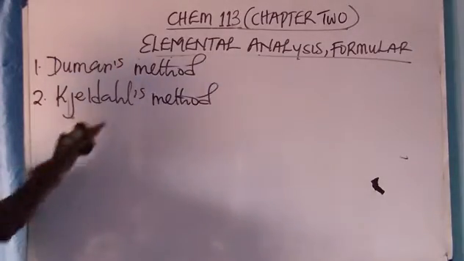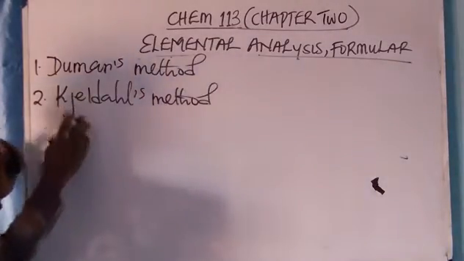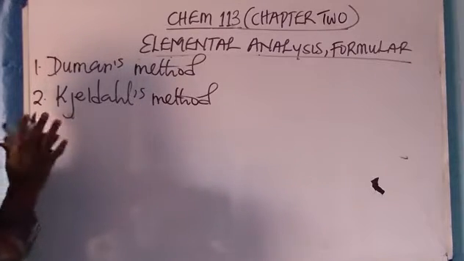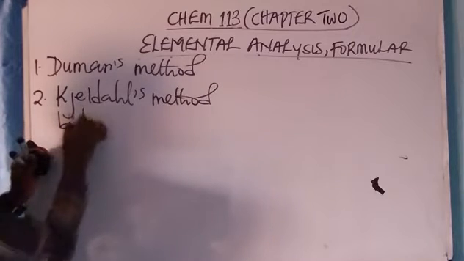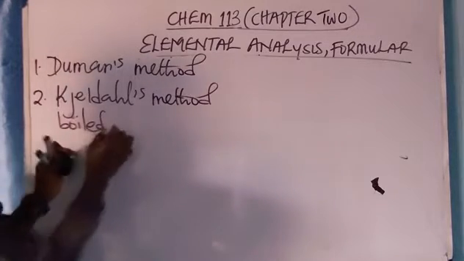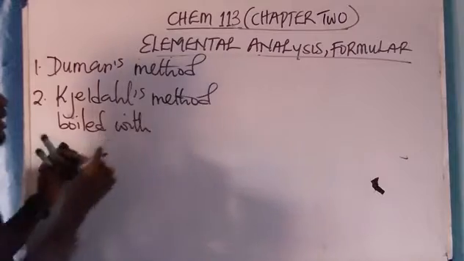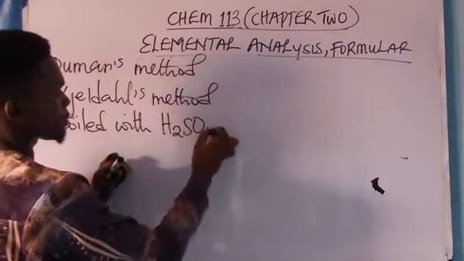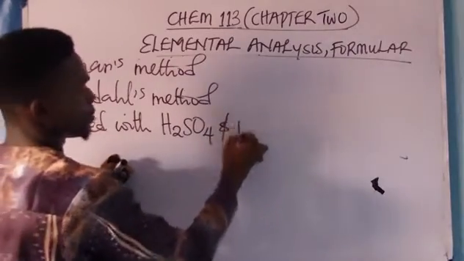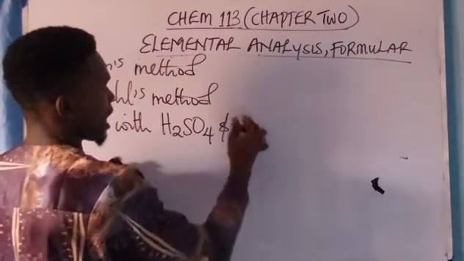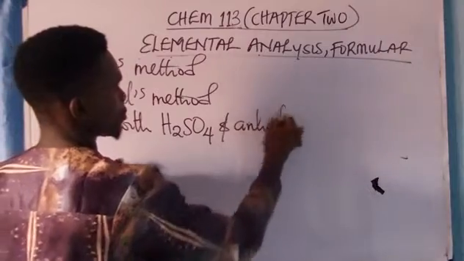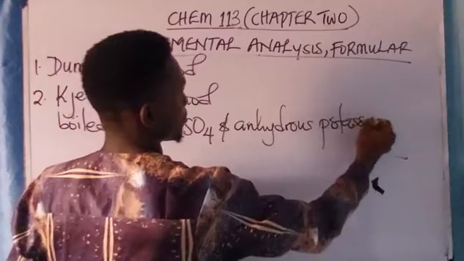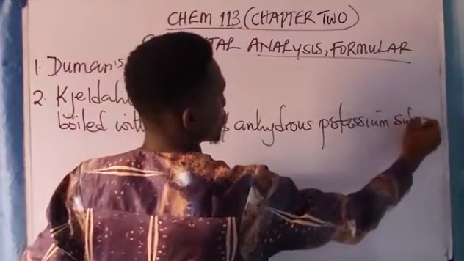Okay, Jeldahl method. In this Jeldahl method, this is how it is. A given sample is boiled with concentrated tetraoxosulfate(VI) acid and anhydrous potassium sulfate.